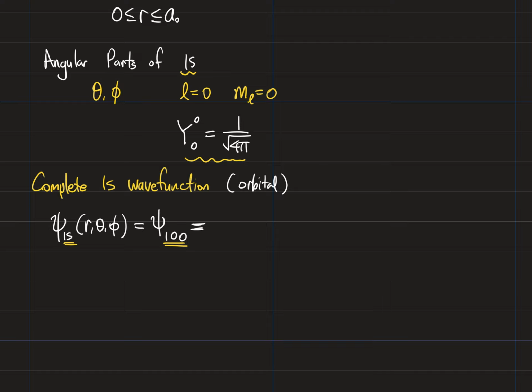According to the separation of variables, it should be the multiplication of two functions, the radial part and the spherical harmonics. And let's fill the indices. The radial part requires two quantum numbers, n and l. So it should be 1, 0 here. And the spherical harmonics require two quantum numbers, l and ml. So 0, 0 here.